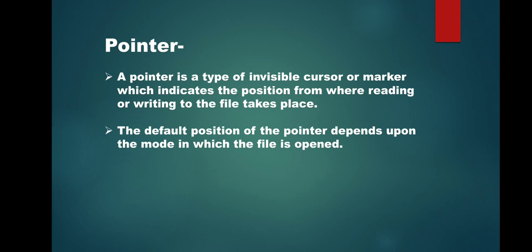Second, in MS Word, the cursor indicates the position where the typing of the text will take place. But the pointer in data files indicates the position from where you are going to read the character or write the character.